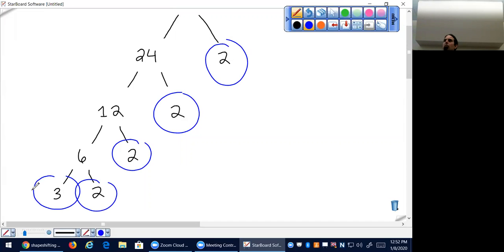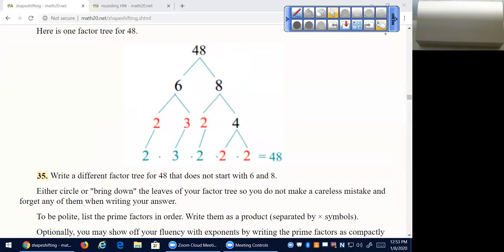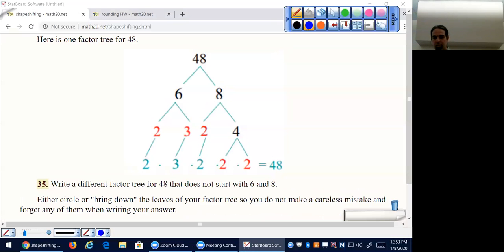That helps them not neglect any when they're writing their answer. The other thing would be to bring things down. Once you get a prime number, you just keep bringing it down every time. And then you can read them off at the bottom. So pick whichever style you want. But do something so you don't make a silly mistake, because that would be sad.